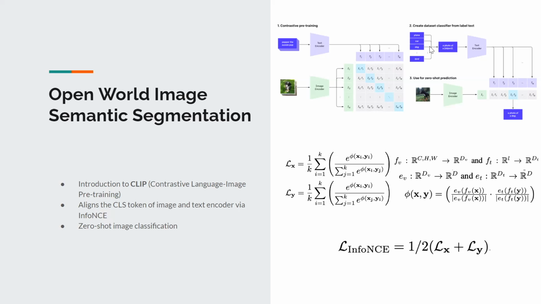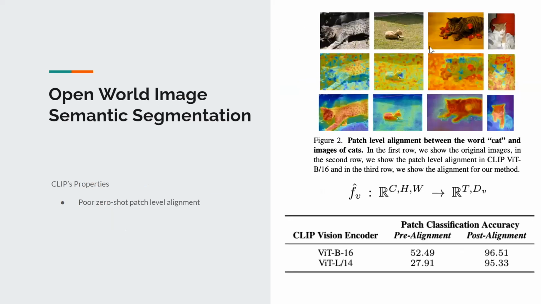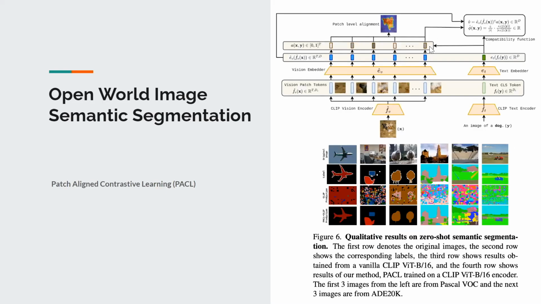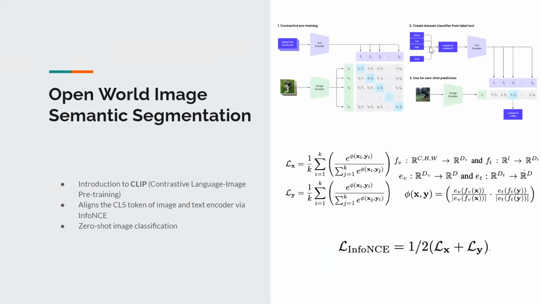Okay, so I want to explain this very clearly. I put some equations here if you're interested. Essentially, f sub v is the vision encoder, and f sub t is the text encoder of CLIP.